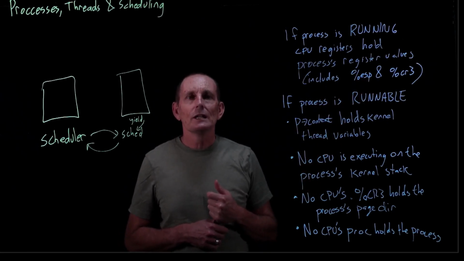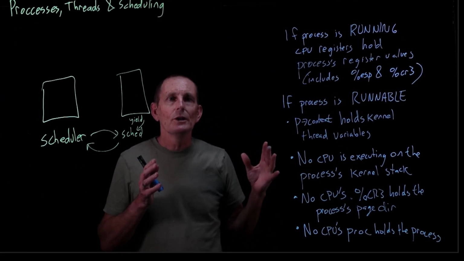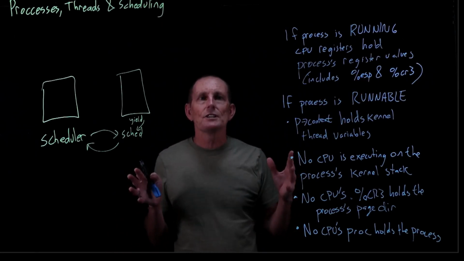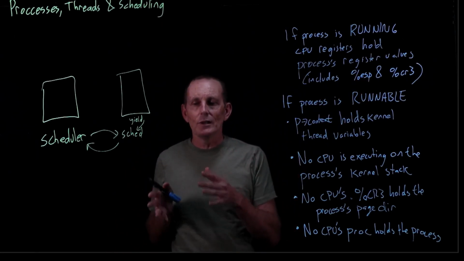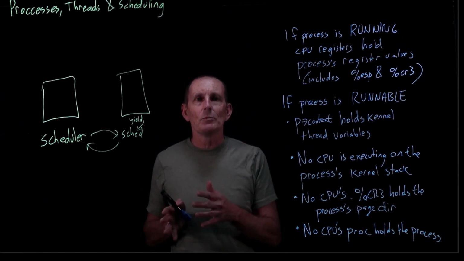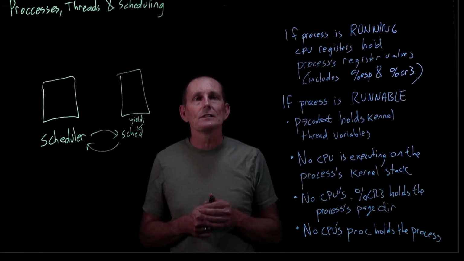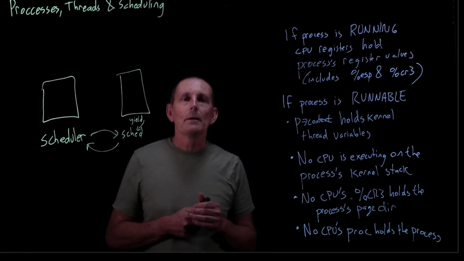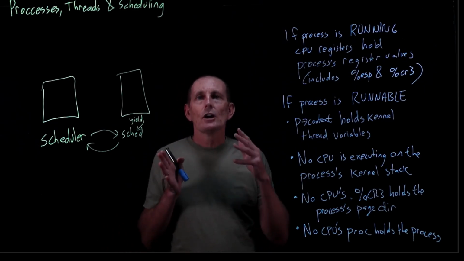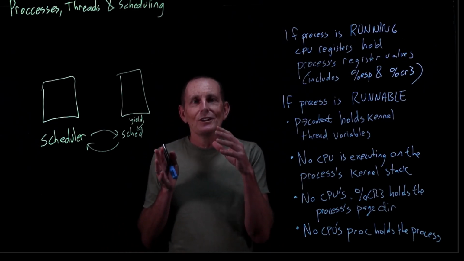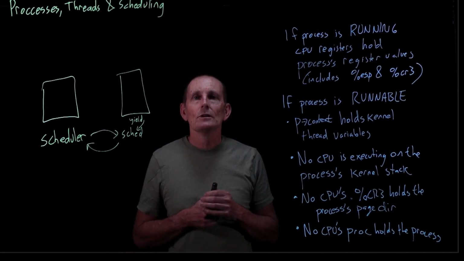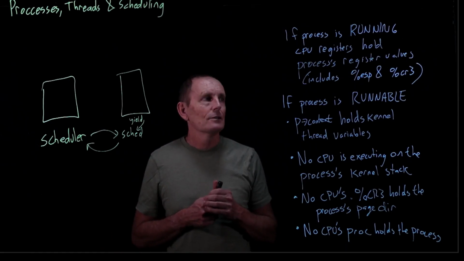And the reason we do all this is so each CPU can have the same shared understanding that they can look at the process table and understand what it means if a process is running and what it means if a process is runnable. And in particular, that means no two CPUs are going to try to run the same runnable process, right?